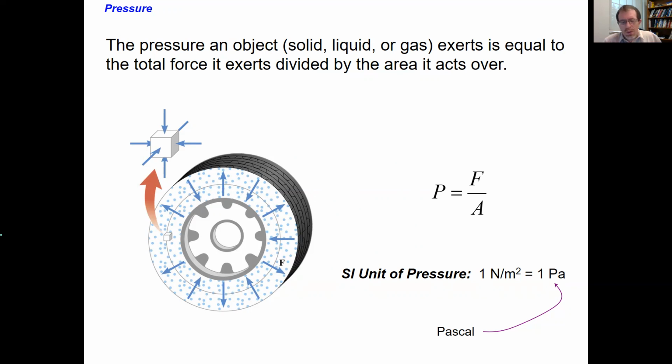There are other units we might run across too. I use torr a lot in my research in vacuum science for historical reasons. We also know about pressure in terms of millimeters of mercury, which we might use in the medical field, or maybe when we're dealing with weather.